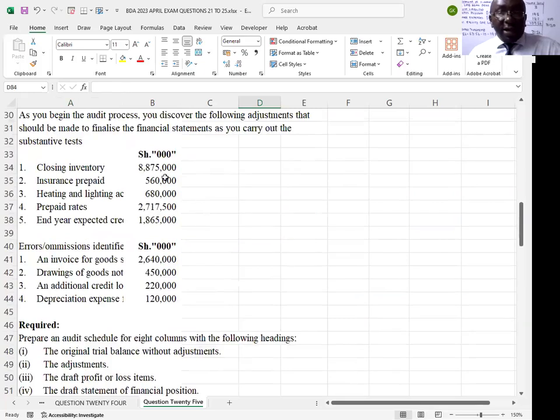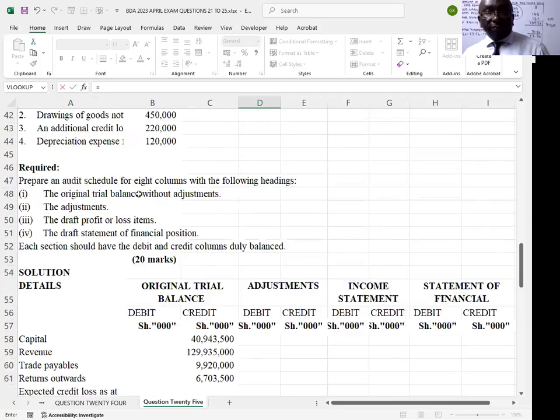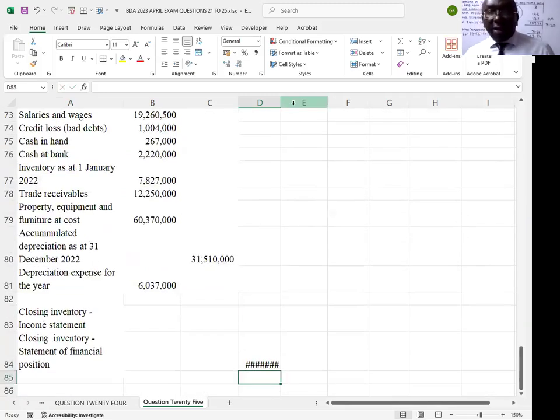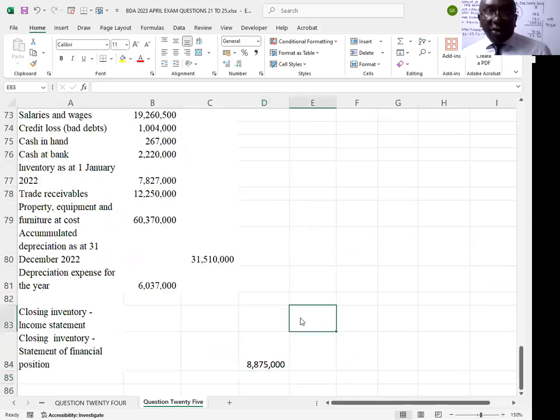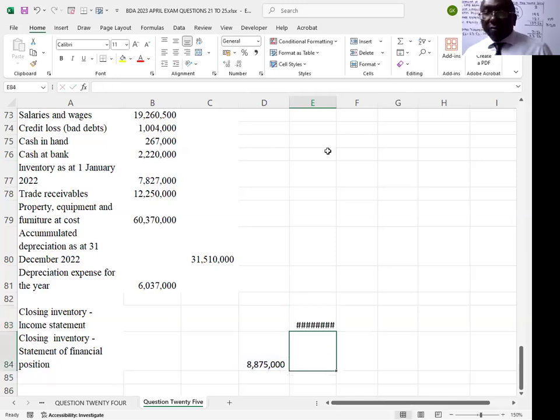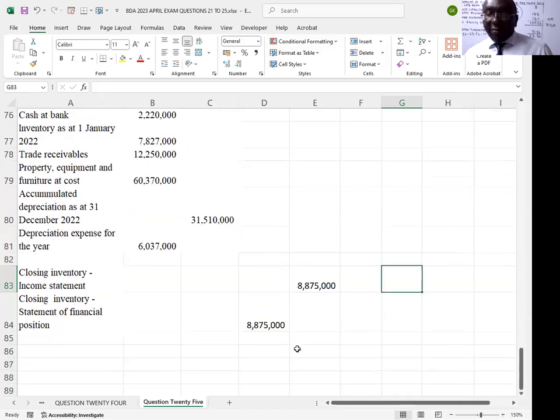How much is it? It is 80. I will say equals, then I pick this amount and I put it there as a debit. Then whatever is going to go to the income statement is a credit, equals this one. So those are the adjustments. Now these ones, we must post them where they belong.